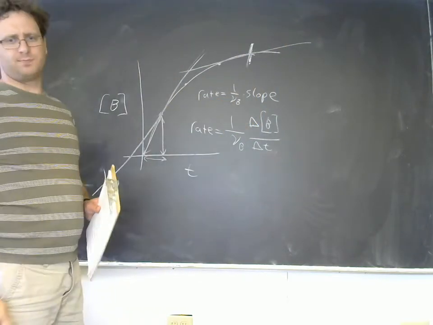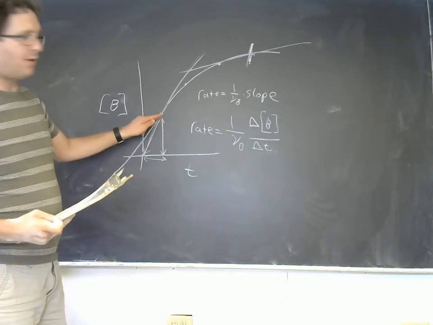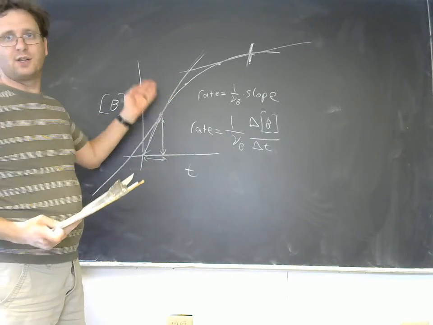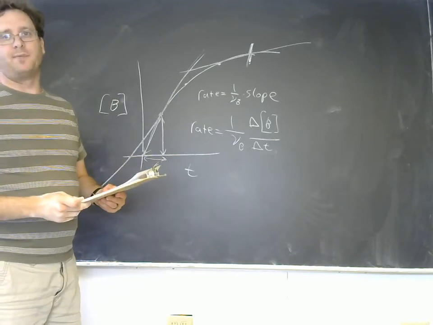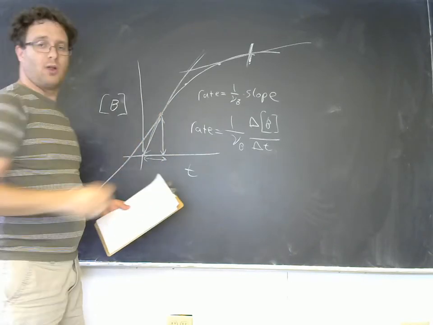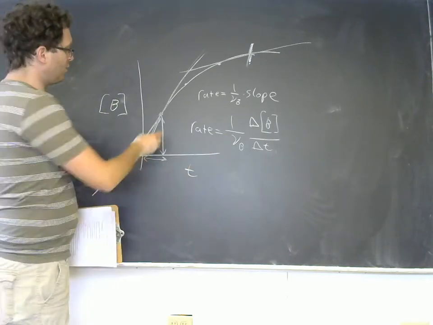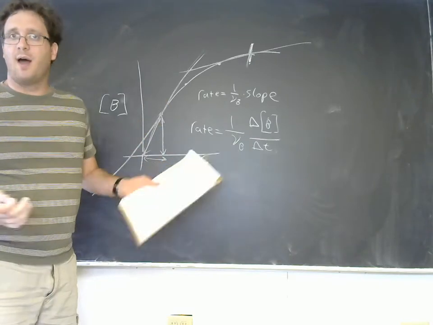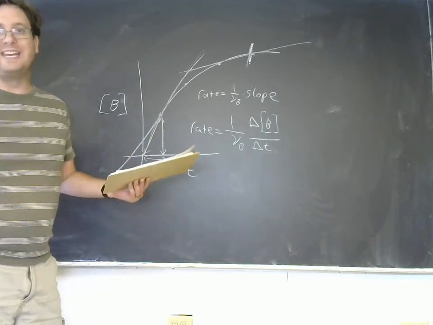So when you're choosing your interval or your point to take a tangent line at, you're going to have to be mindful of how far along the reaction you are. Usually it makes sense to choose the earliest time interval that you reasonably can, and to choose points early on in the time to get what we call an initial rate.